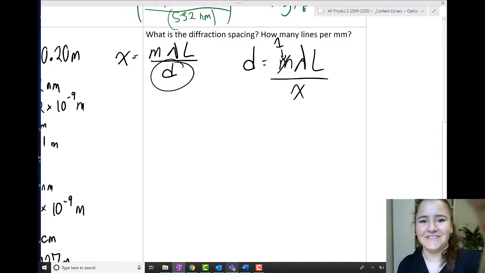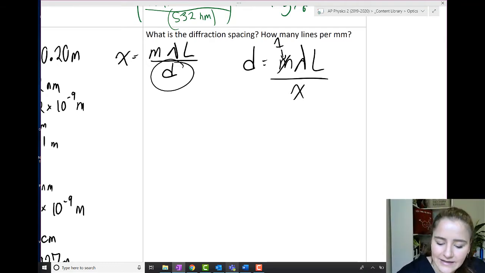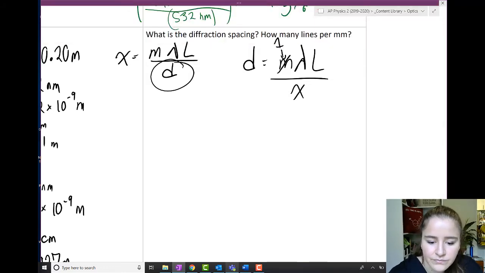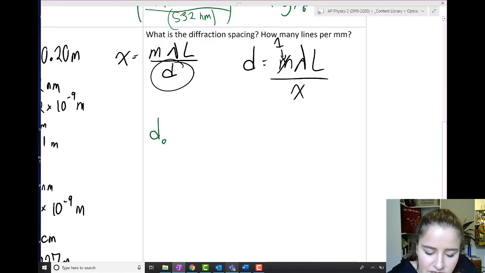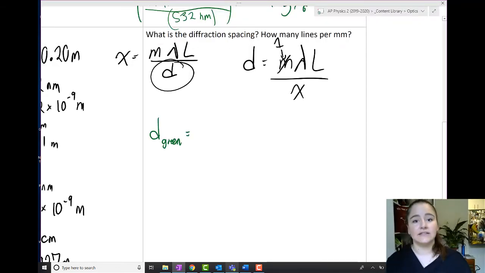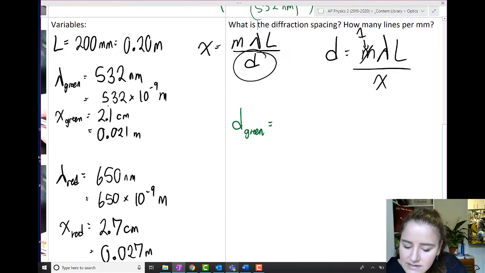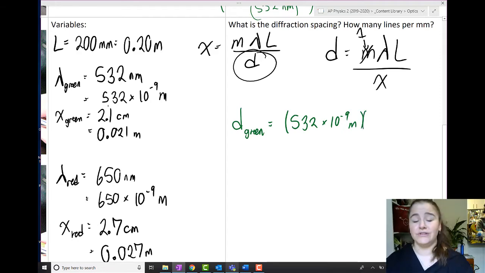So let's go ahead and plug it in. I'm first going to do it using the green laser. So our diffraction spacing, based on the evidence collected using the green laser pointer, is D equals the wavelength of the green light, 532 times 10 to the negative 9th meters, or 5.32 times 10 to the negative 7 meters if you're doing correct scientific notation.